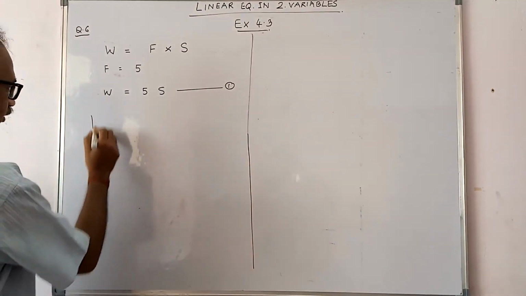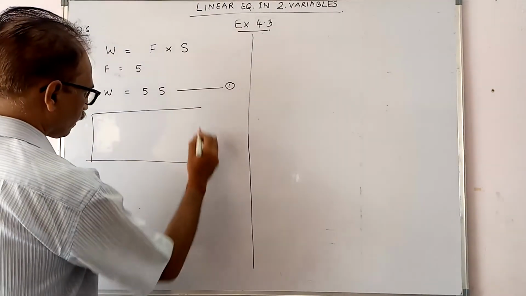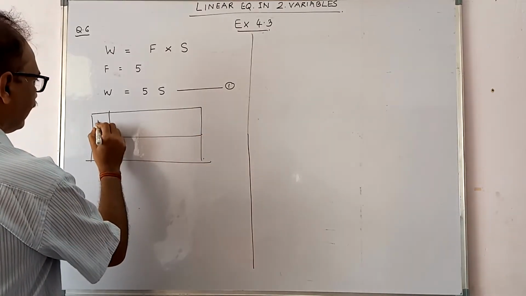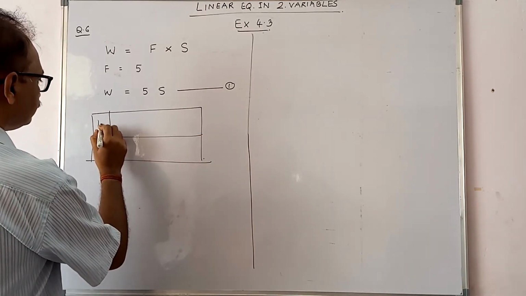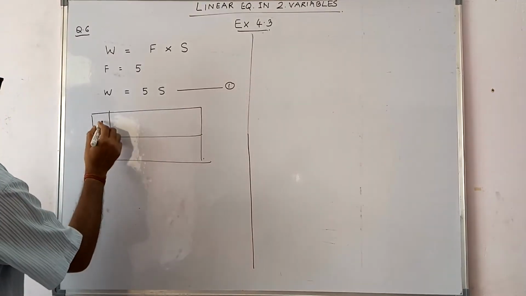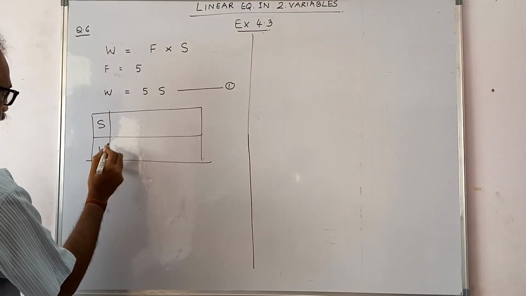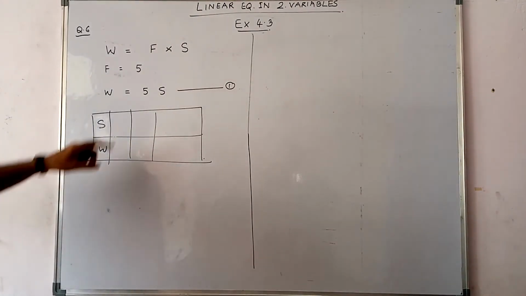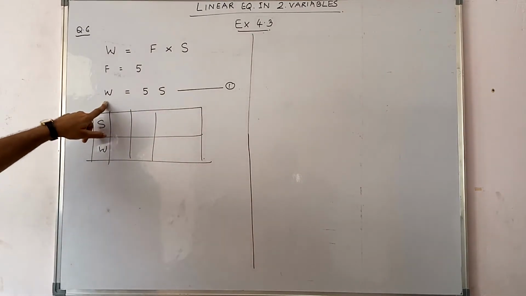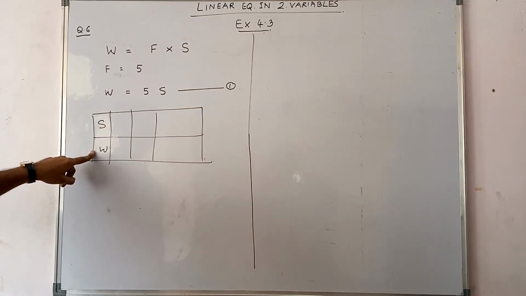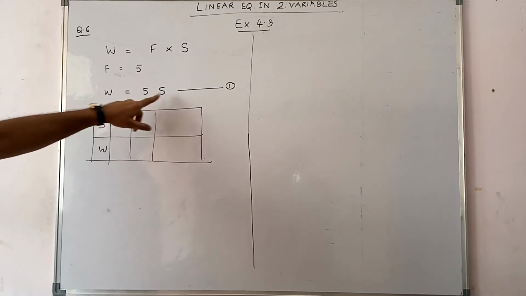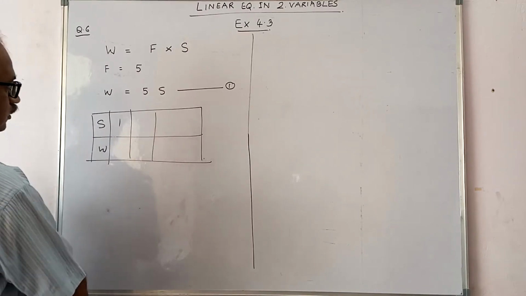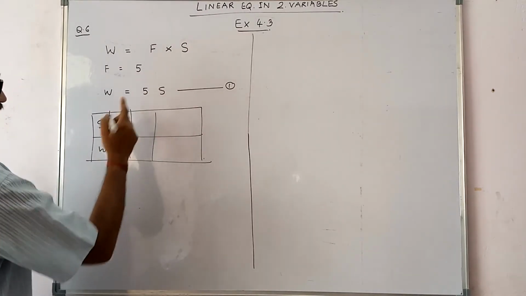Now you will be having points. At least you have to take 3 points. Here you can take S, and here you can take W. Similar to how we were taking X and Y, here it is W and S. S you can take as 1 unit, so W is equal to 5 into 1, that is 5.